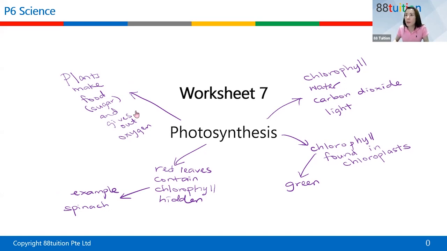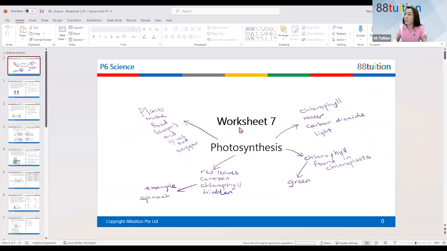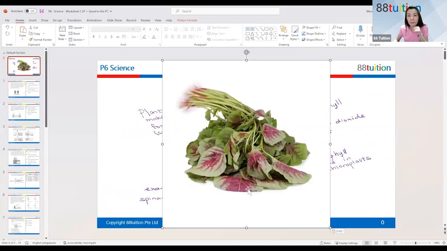Let me show you this. Take a look at this diagram. Have you seen this before? This is actually spinach, right?